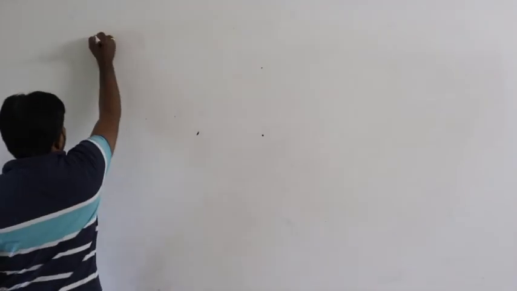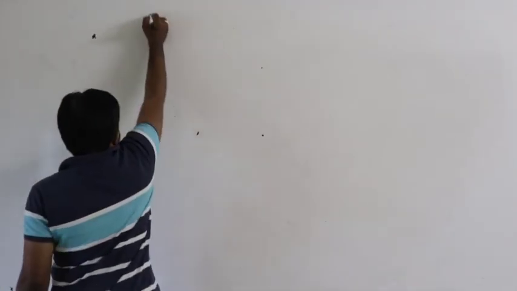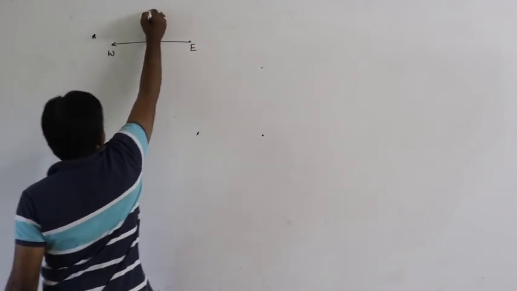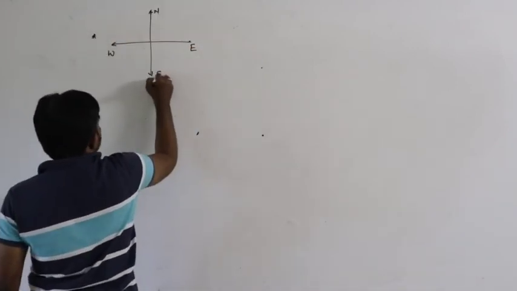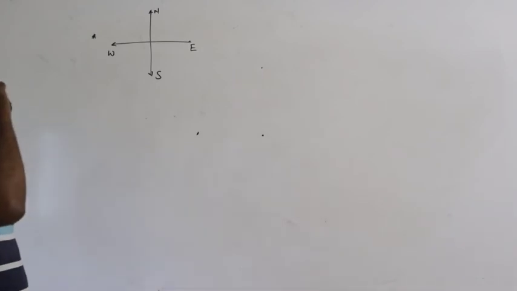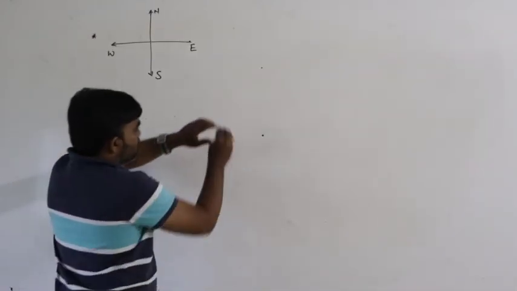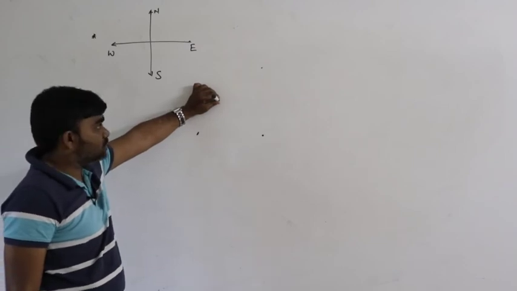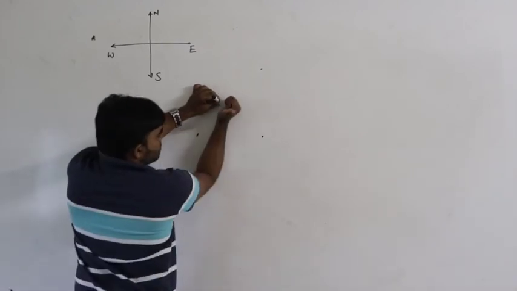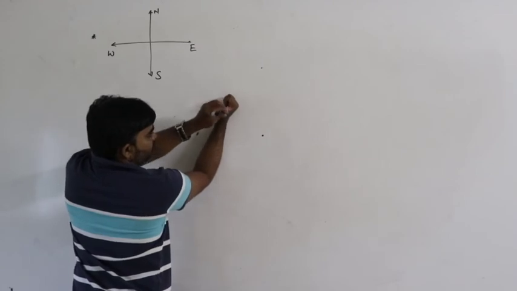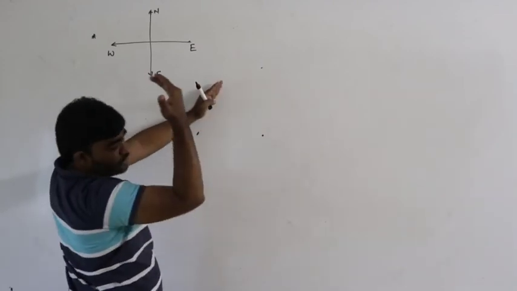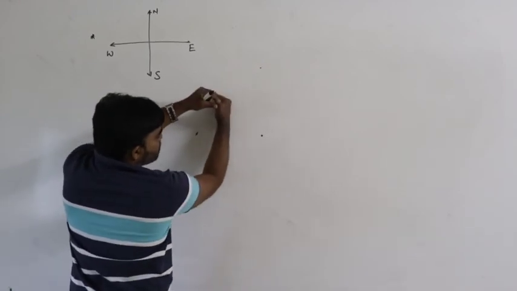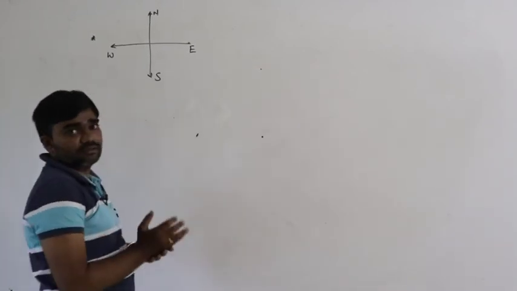Next, one more application here. See here, this is east, west, north, south. For example, if the straight current carrying conductor is placed like this, the thumb indicates the direction of the current. Current is flowing outwards. Then the curling of the fingers indicates the direction of the magnetic field.